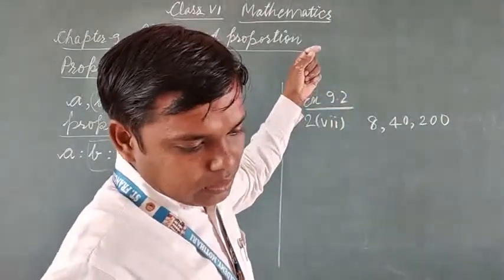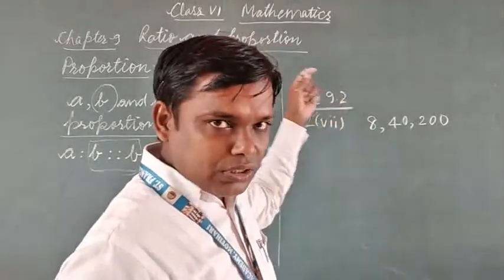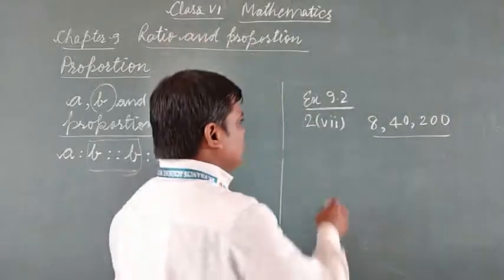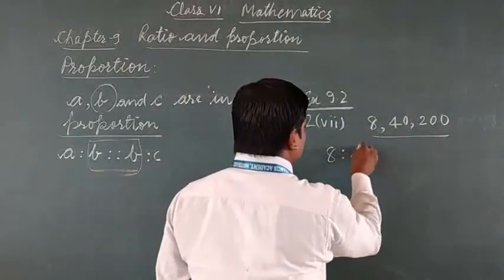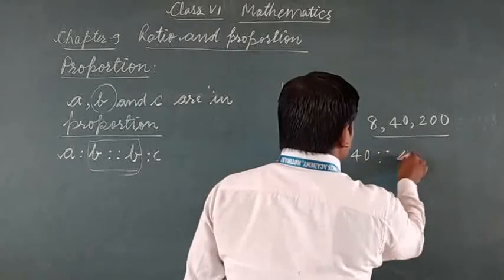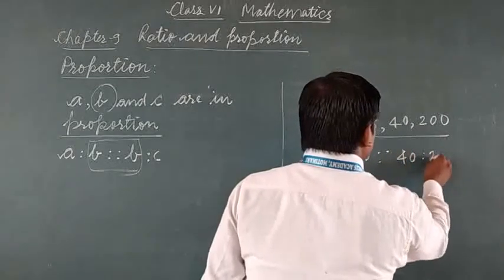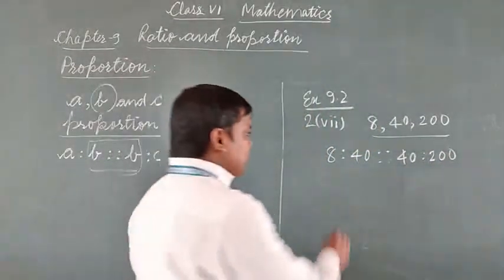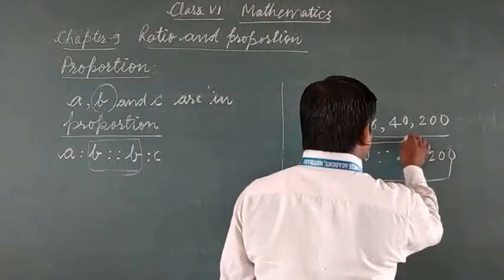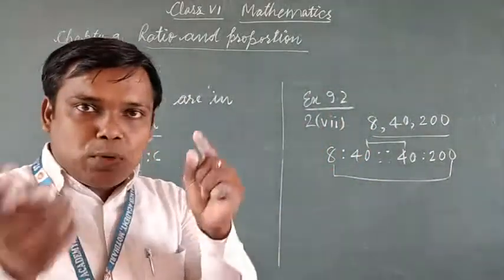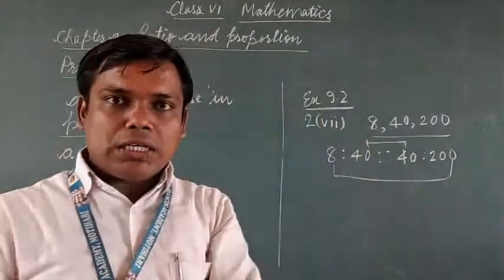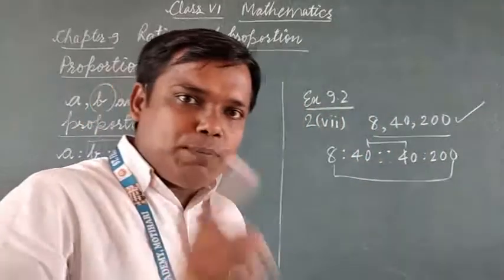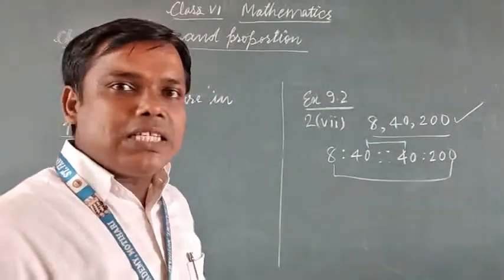If they are in proportion, then 8 is to 40 proportion to 40 is to 200. Now we will multiply extremes and we will multiply means. If the product of extremes is equal to product of means, then the set of numbers given are in proportion. If not equal, then they are not in proportion.